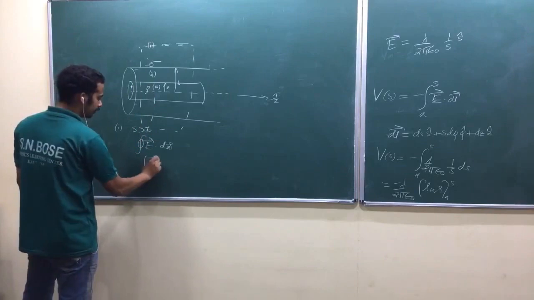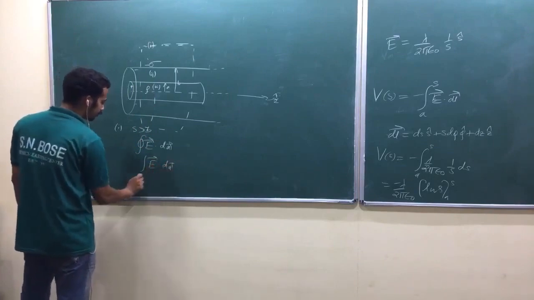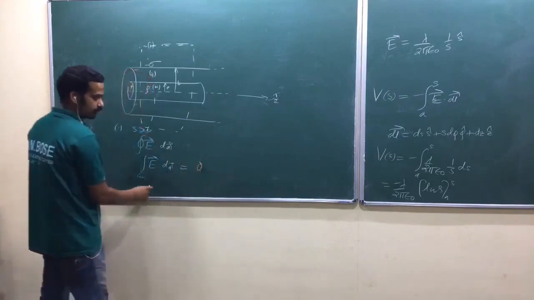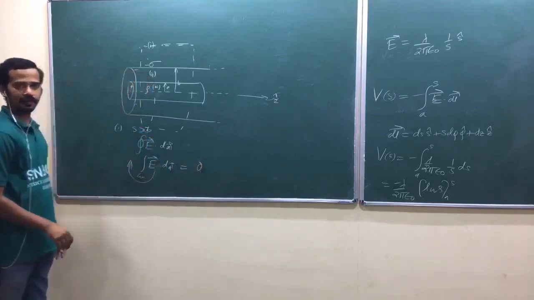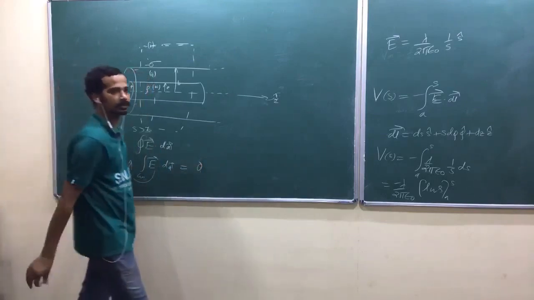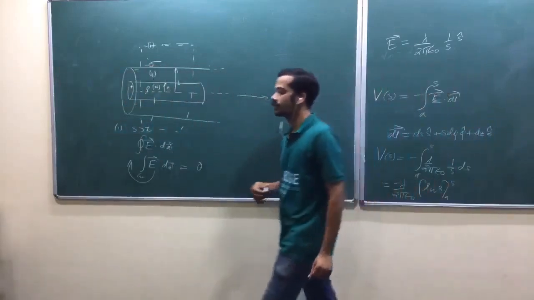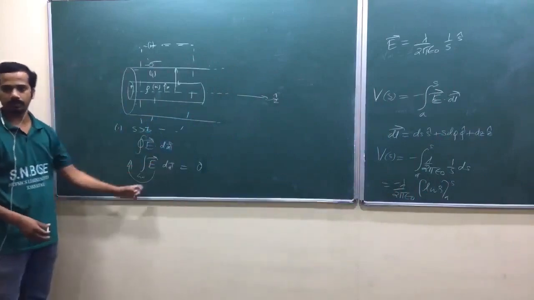So that is electric field dot dA vector curved surface integral is equal to Q enclosed, that is 0, and it will come out. Electric field will be along dA vector, and electric field depends only on axial distance. Yes, that's why it will come out.